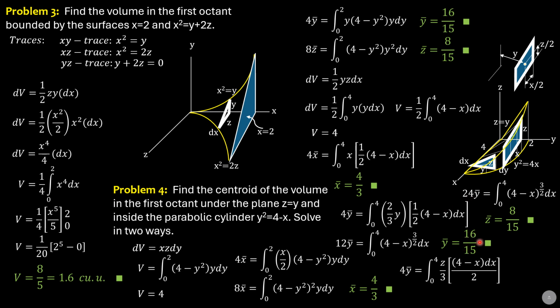Meaning this answer should be divided by 2 because it was divided by 12, 16 over 15. Now that this is 24, it's like we divide this by 2, so 8 over 15 for bar z. So the centroid therefore is at 4/3 bar x, 4/3 bar y, 16 over 15, then comma 8 over 15. So that's it for this problem.